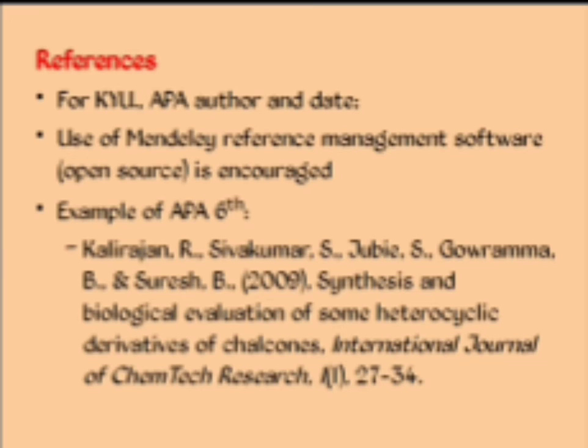For example, the edition has the author, the year of publication, where you list all the names of the authors, the title of that publication, and then the journal or the source, the publishing body, then the volume number, then page number.